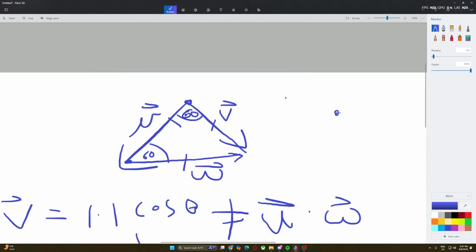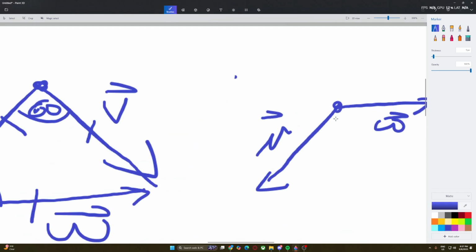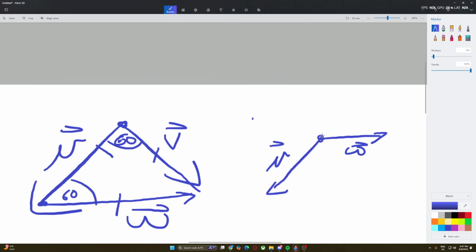The correct angle would be from initial point to initial point. So say this is U, this is W. The angle earlier, by the translated U, is still 60 degrees.